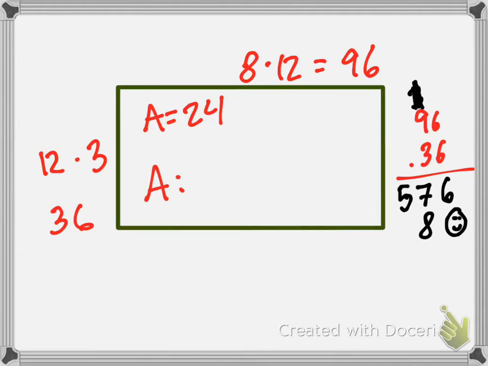Then what's 3 times 9? 27. Plus that 1 makes it 28. We get 6. 15, so we carry that 1. Then we get 14. Carry that 1, so we get 3,456.